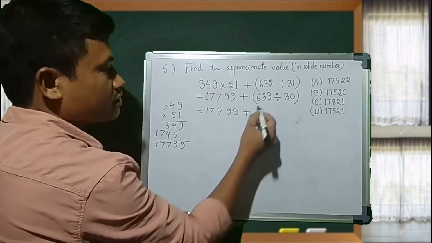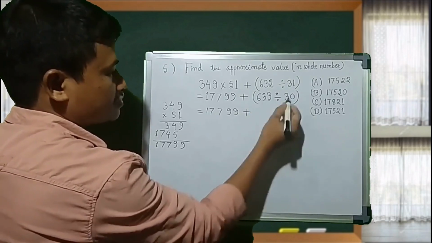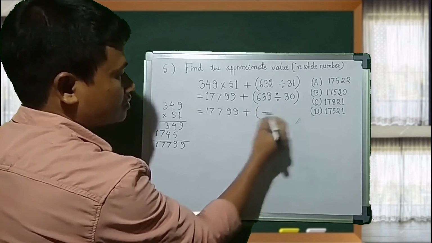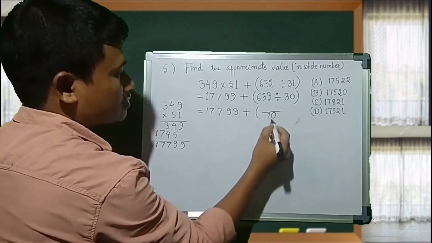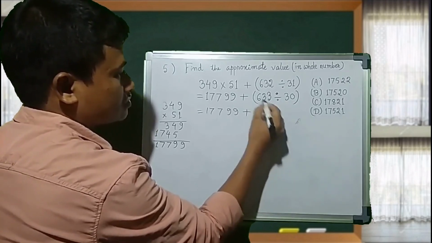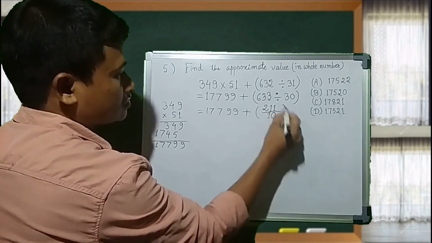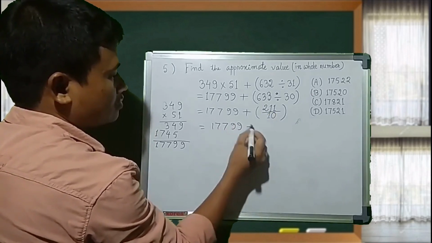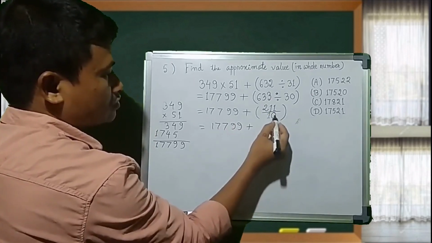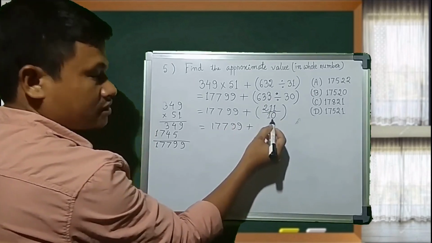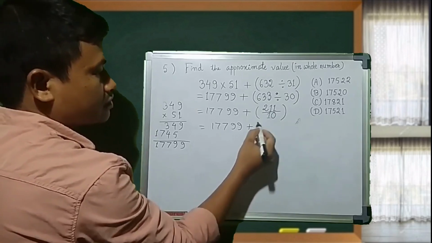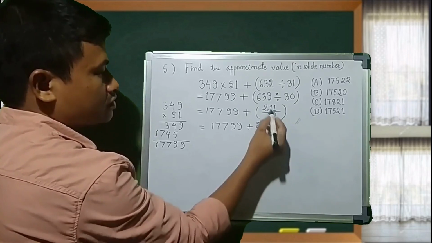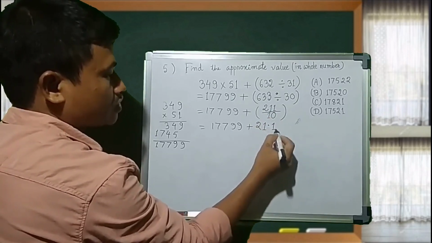Both numbers are divisible by 3. If we divide by 3, 3 times 10 is 30, 3 2s are 6. Since the denominator is 10, we can write it as a decimal fraction, 21.1.